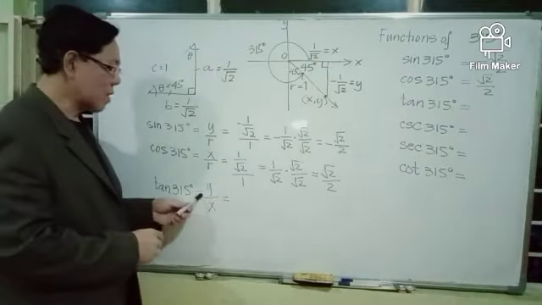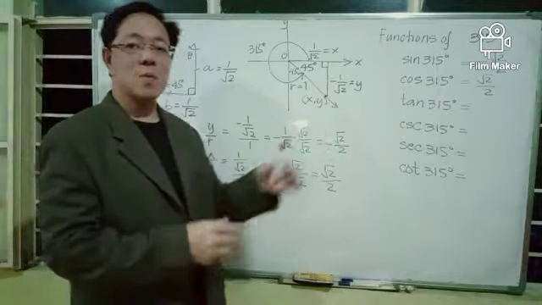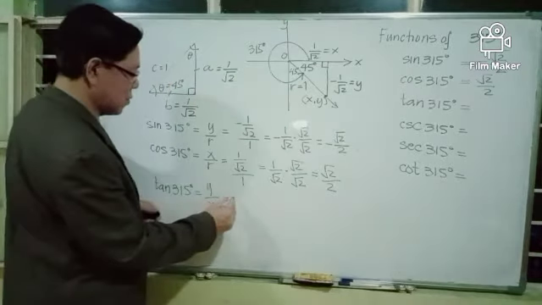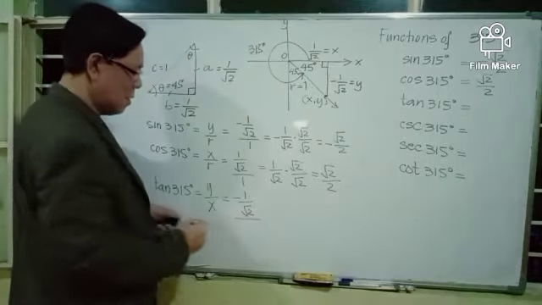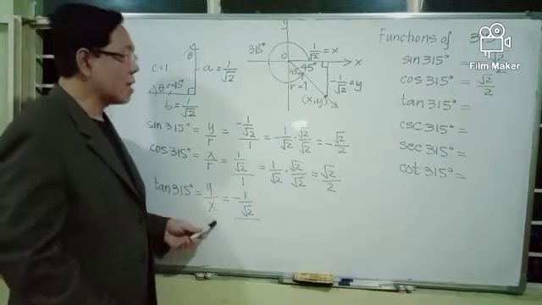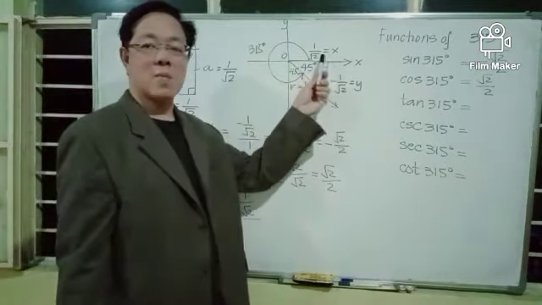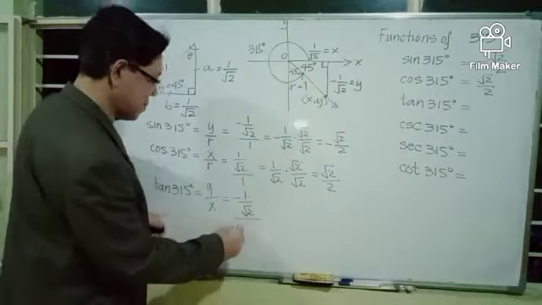And the value of y is negative 1 over square root of 2, divided by x, the value of x is positive 1 over square root of 2.